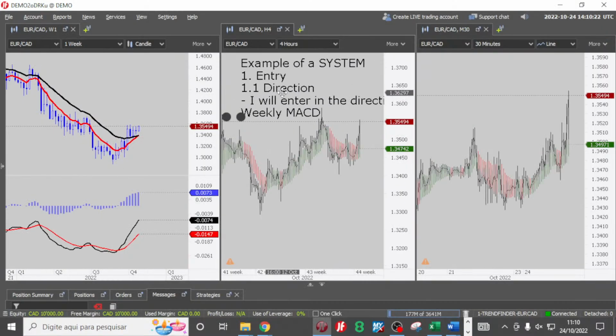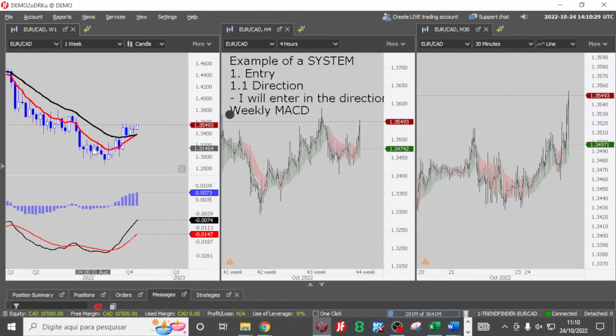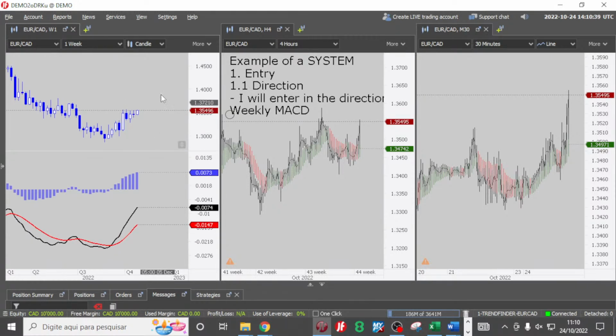Now question. On the left side you have the chart, and we're going to get rid of these indicators. If you're going to trade in the direction of the weekly MACD, everybody, type in the chat, should you be long or should you be short? What do you think?